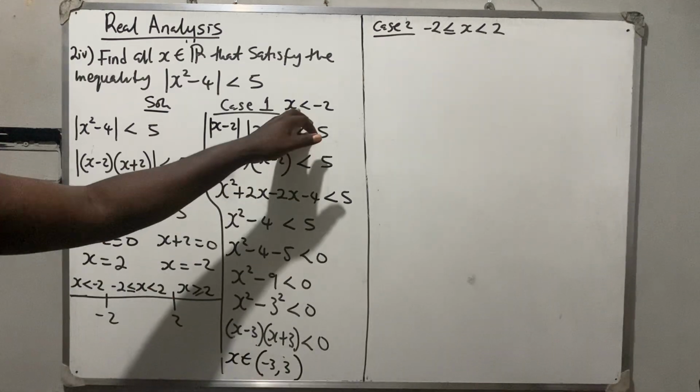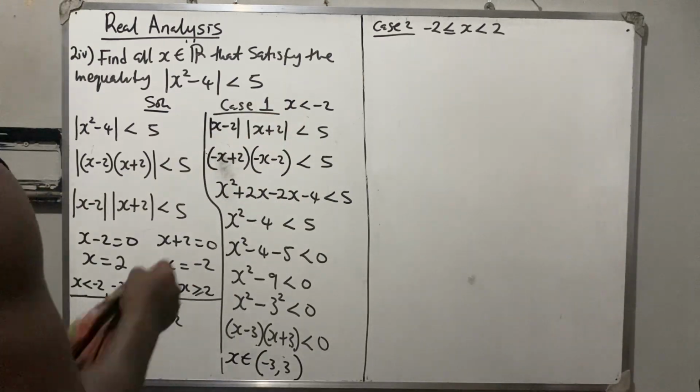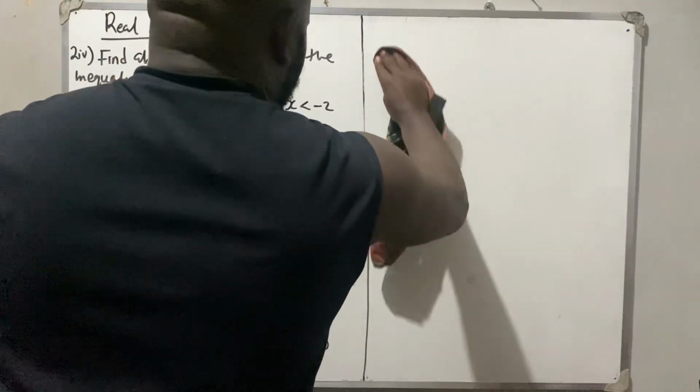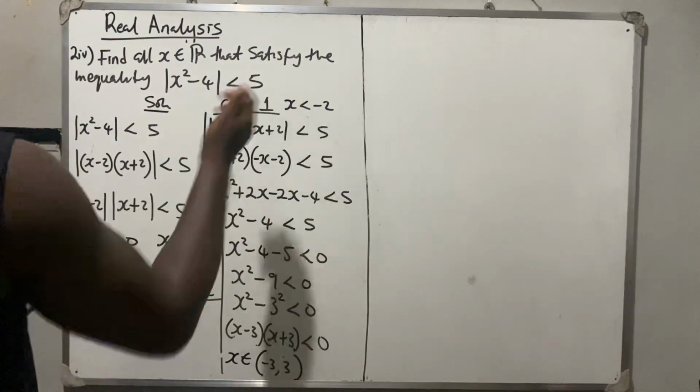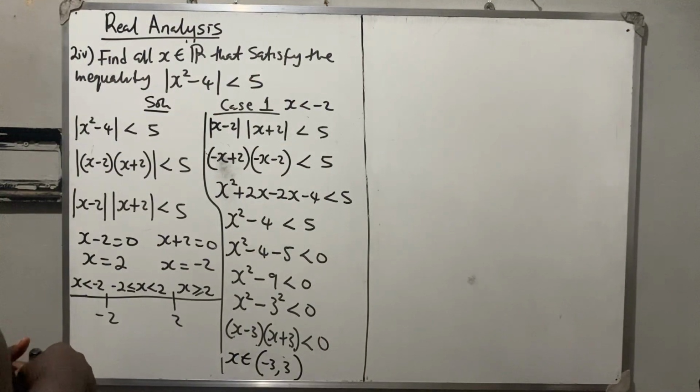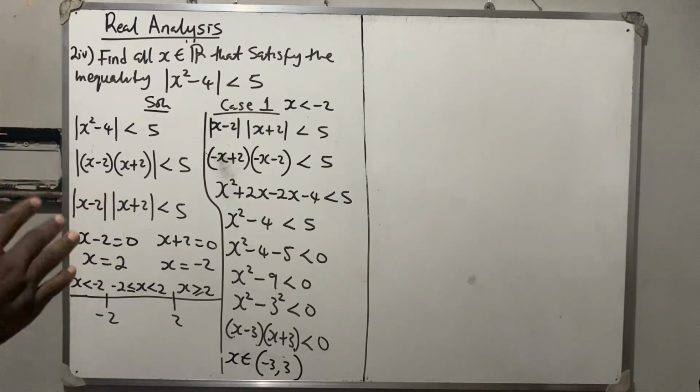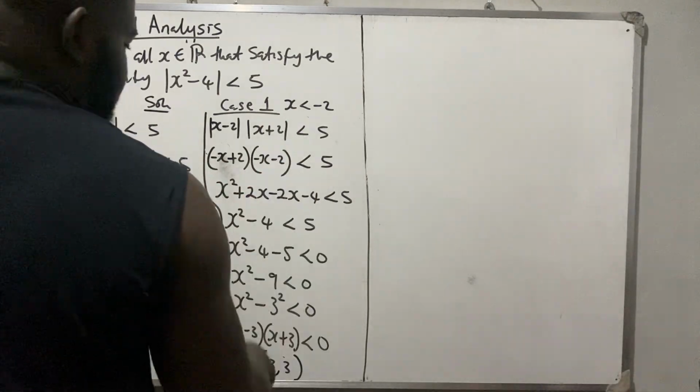We have this and we have this, so we have to draw it and know what the real answer is supposed to be. I forgot that. With this and this, we get the union of the two of them, or the intersection of the two of them? I think the intersection, not the union. In the cases you have the union, so the intersection of the two of them will give you the result.